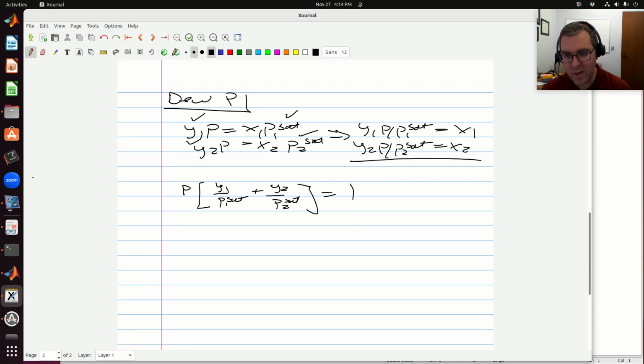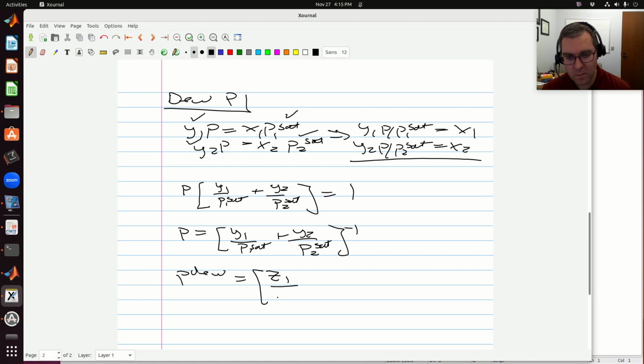Solving for P, P is equal to the inverse of this, y1 over P1 sat plus y2 over P2 sat, raised to the power of -1. And to make it complete, if I'm calculating my dew pressure, at my dew point y1 is equal to z1, and y2 is equal to z2.